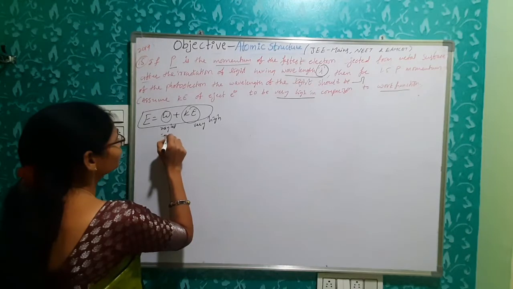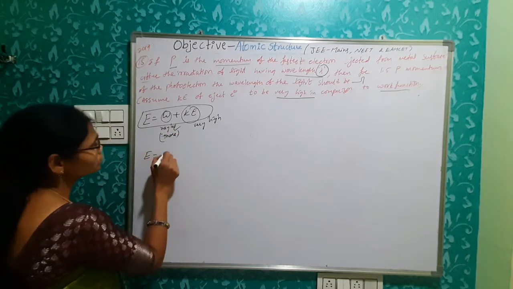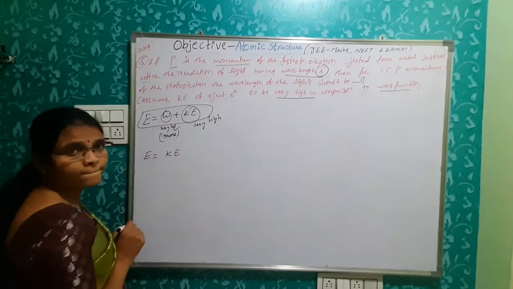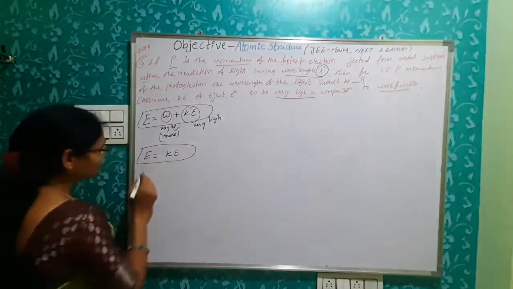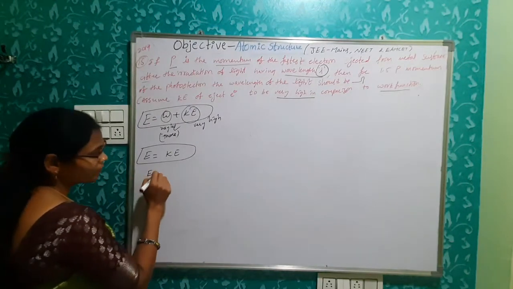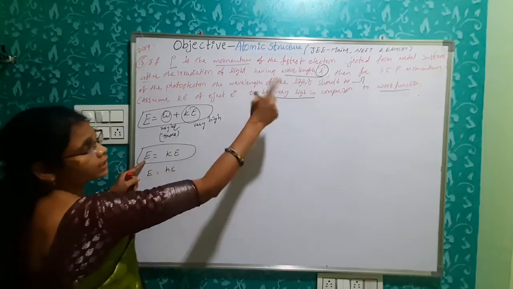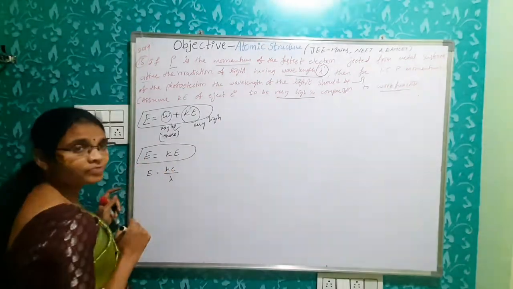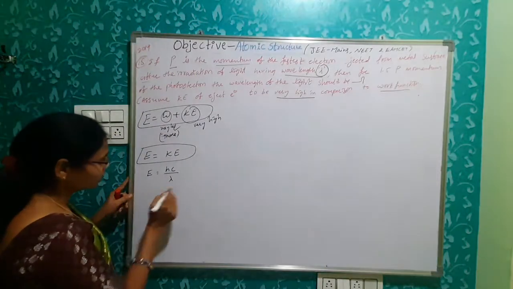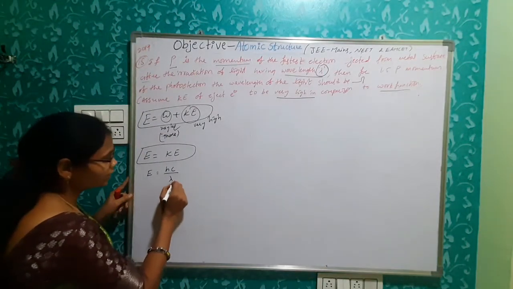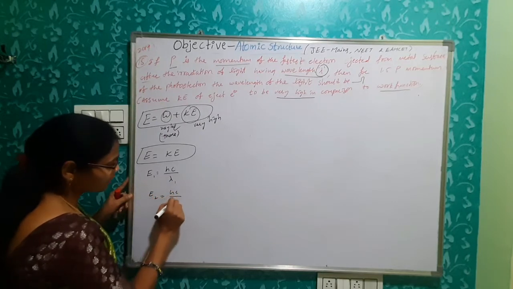Simply, you can take E is equal to KE only. See here, E is nothing but hc by lambda. For two conditions, you can take hc by lambda 1, then hc by lambda 2.